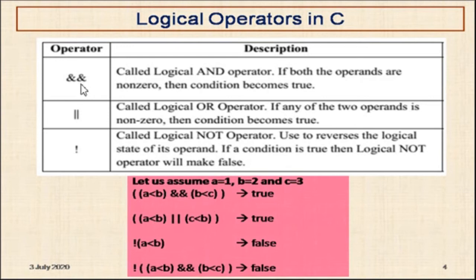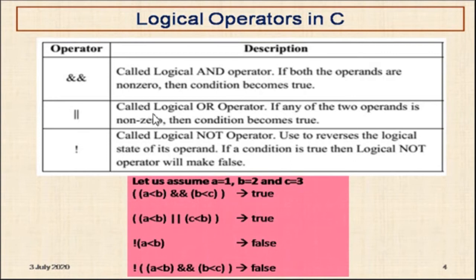The logical AND operation means when both the conditions are true, the overall condition is true. Here for these assumed values, A less than B, the first condition, is satisfied. B less than C, 2 less than 3, is also satisfied. So two conditions are satisfied, so the overall condition provides true.